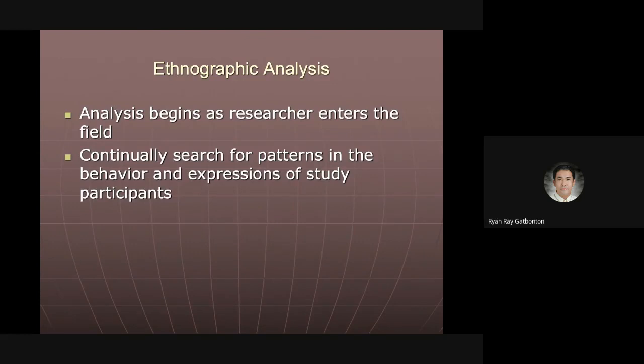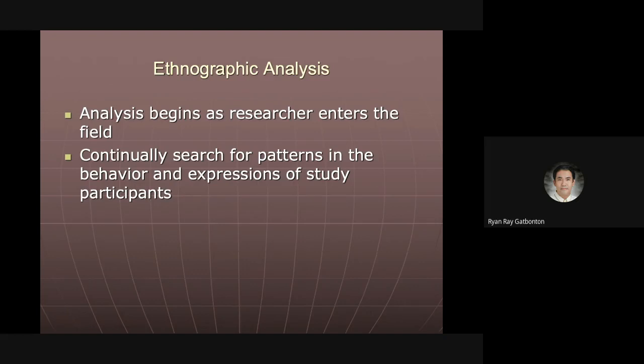When we say ethnographic analysis, this is the analysis of cultural data. Now, in ethnographic analysis, you try to analyze the data as soon as you enter the field. And as soon as you enter the field, you continually search for patterns in the behavior and expressions of study participants.